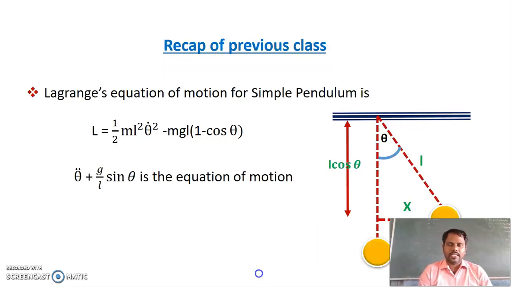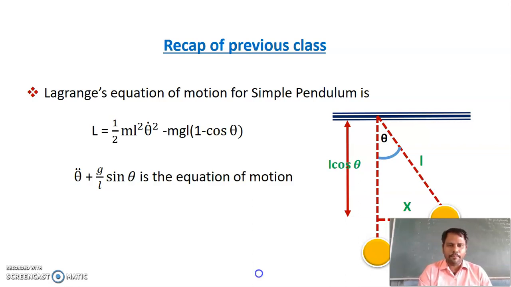In the previous class, we applied the Lagrangian equation of motion to a simple pendulum, where the Lagrangian was found to be (1/2)ml² θ dot squared minus mgl(1 minus cos θ). Using the Lagrangian equation, we arrived at θ double dot plus (g/l) sin θ equals 0, which is the equation of motion for a simple pendulum.